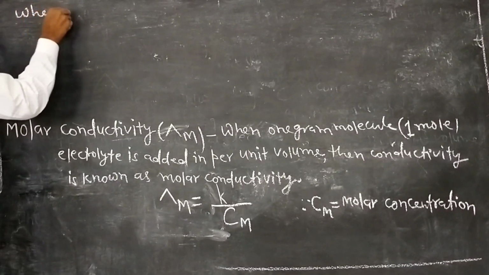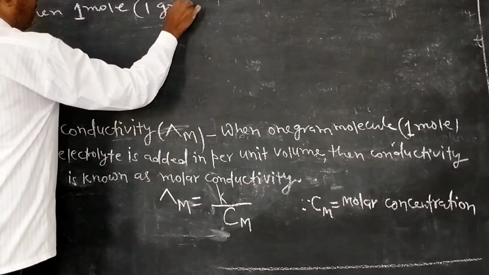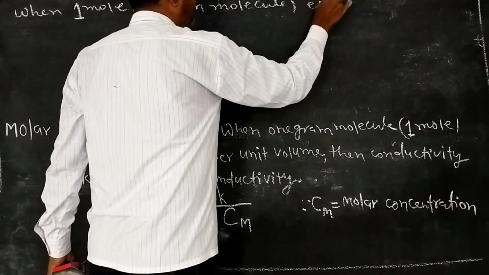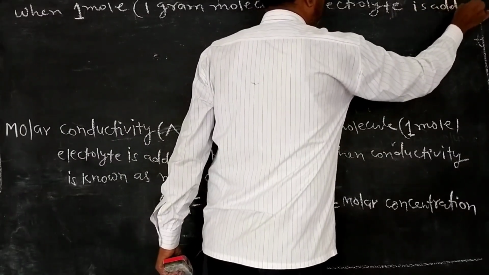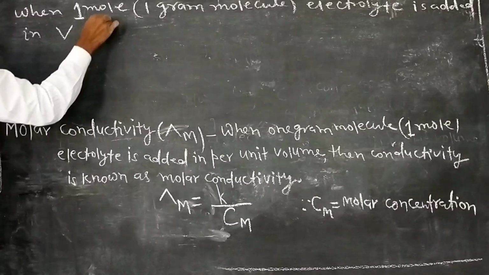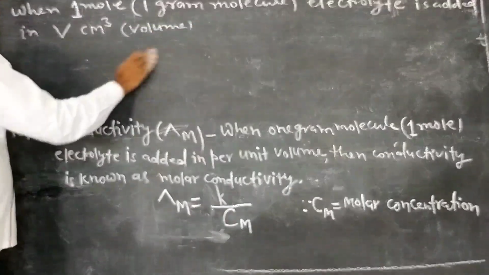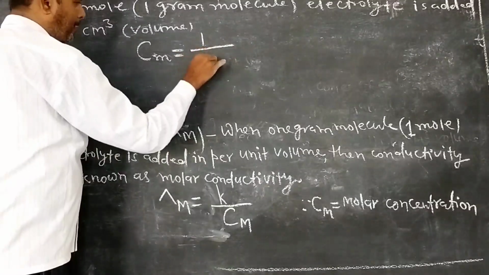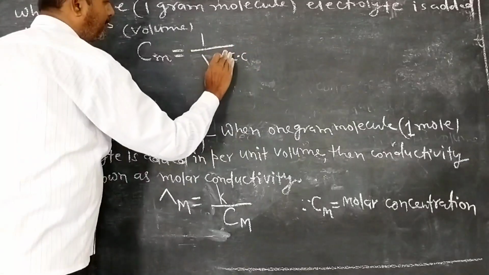When 1 mole, that is 1 gram molecule, electrolyte is added in V centimeter cube volume, then Cm, the molar concentration, is equal to 1 upon Vm cc. Cc means centimeter cube.